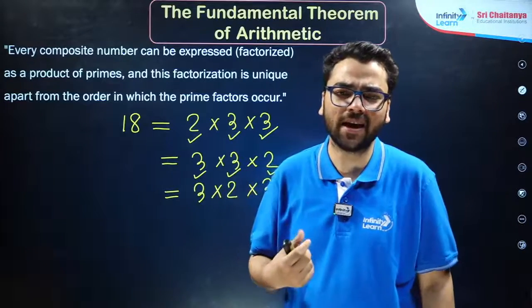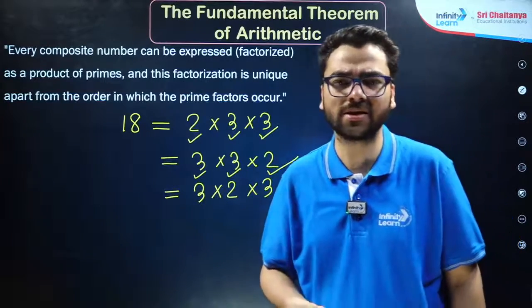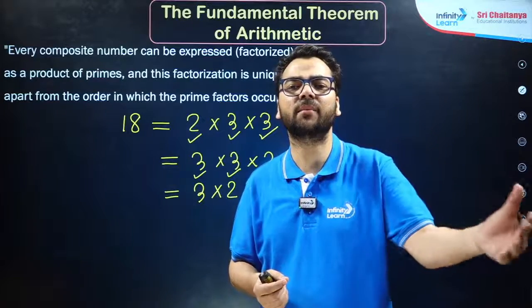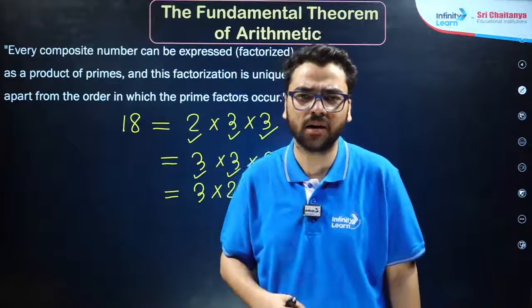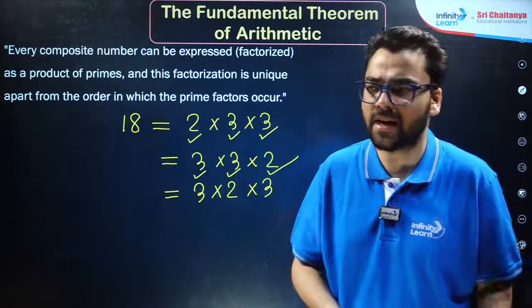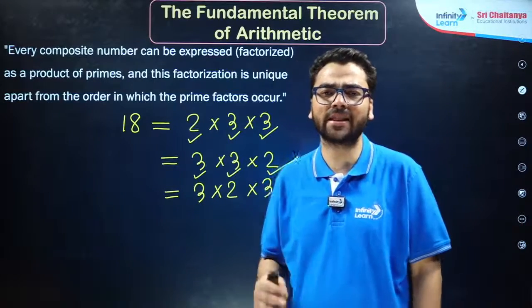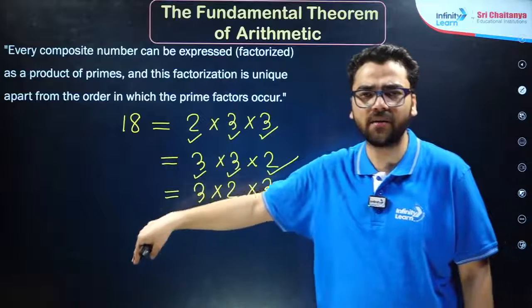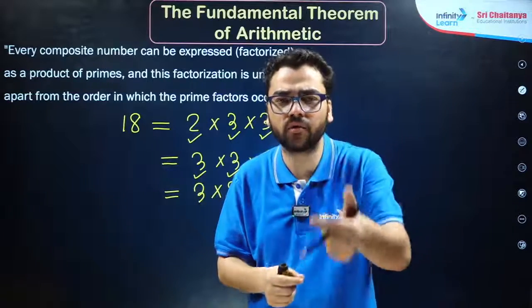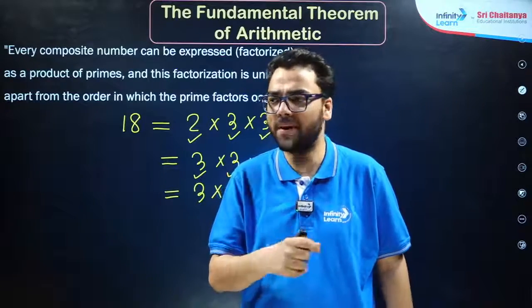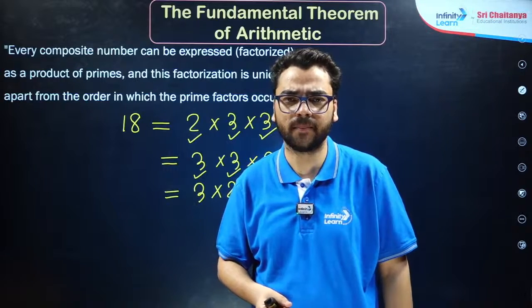Because many a times they ask in your examination, state the fundamental theorem of arithmetic, of 1 mark. It has happened previously as well. Like they will ask the statement and then they will give a question on the basis of that, like of 2 marks, something like that. I hope it is clear to every student in this session.